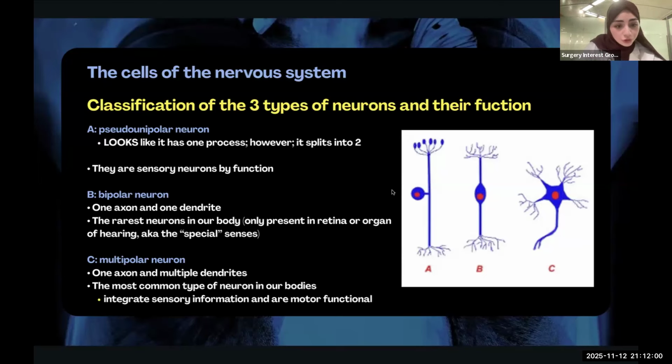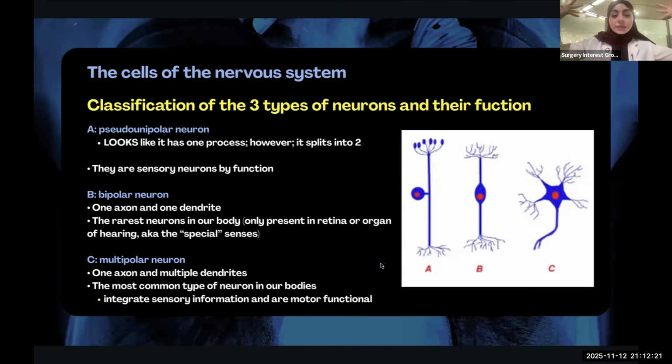Now, for the multipolar neuron, do you see why it's the multipolar neuron that makes up the nervous system in general? Because the multipolar neuron has 1 axon and multiple dendrites, so it will receive through the hairs, integrate the information, and then send out the information through the axon. What does this tell you?